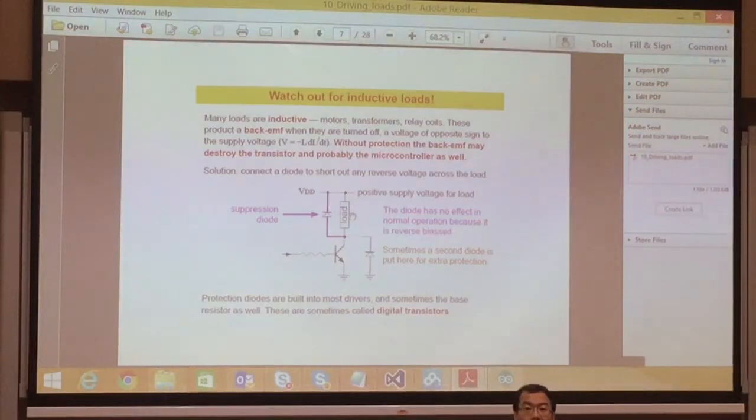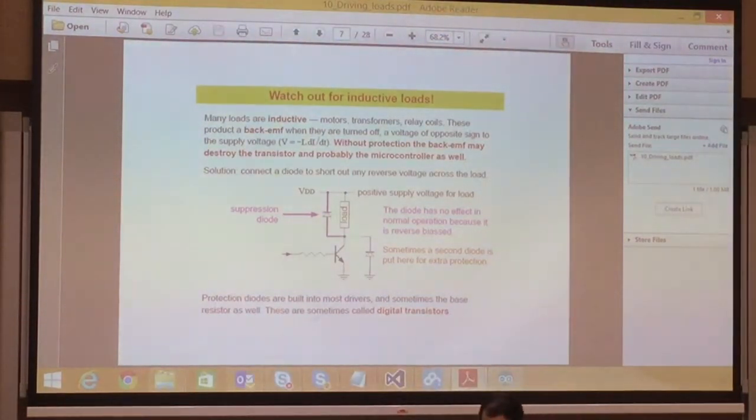When your current changes, your magnetic field changes, it will induce a voltage. Anyone has learned this before? The Faraday induction, Ampere's law, whatever.